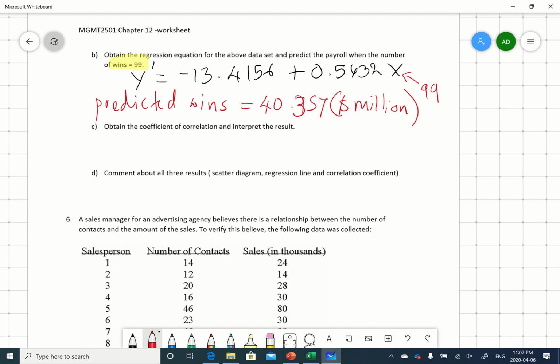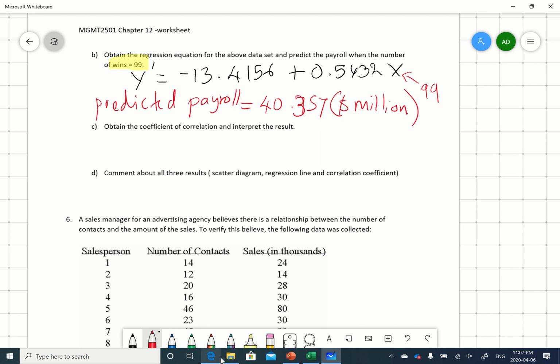If there's anybody who would win 99 games, their predicted payroll would be $40.357 million.